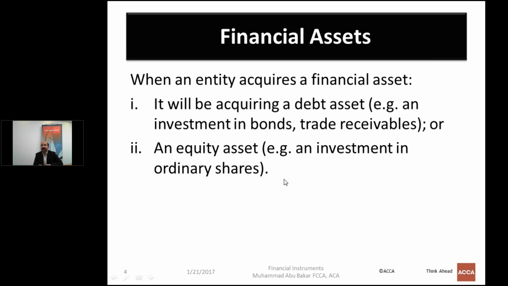So we have bifurcated financial assets into two categories: one, which are debt assets, and the other, equity assets. If you are a company and you invest in the bonds of another company, this investment is your financial asset, but it will be termed a debt asset.